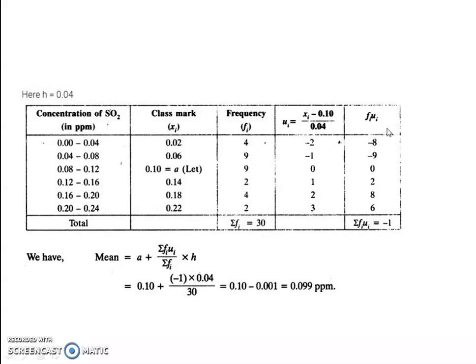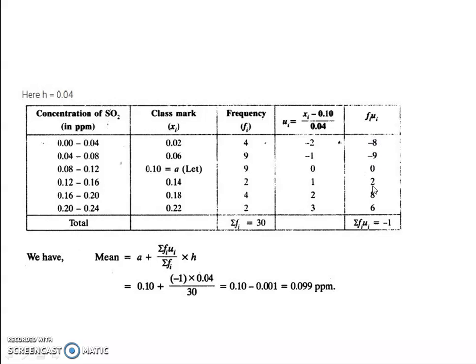Then after finding ui for all the readings, you have to find fiui. That means frequency into ui. 4 into minus 2, minus 8. 9 into minus 1, minus 9. 9 into 0, 0, etc.